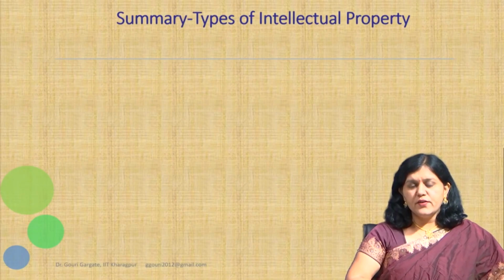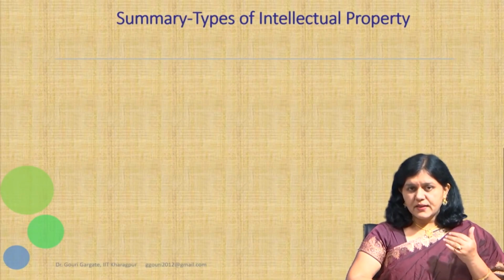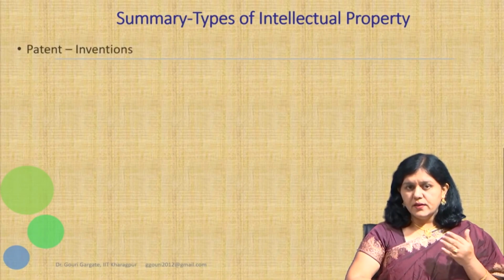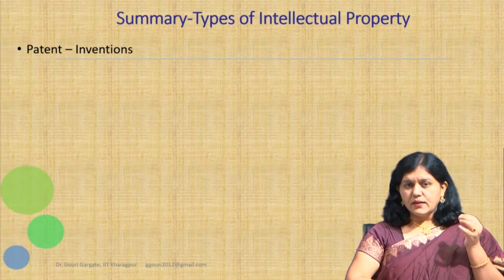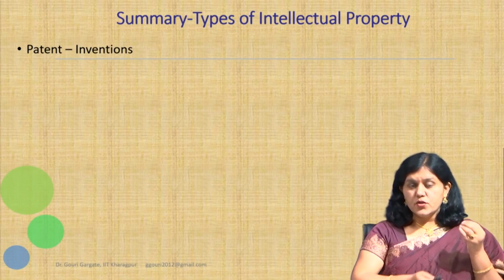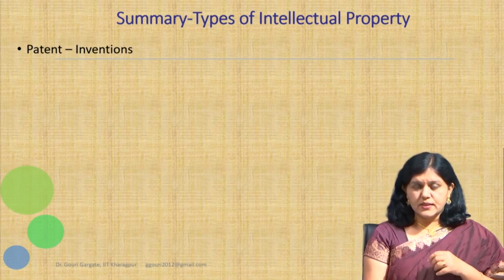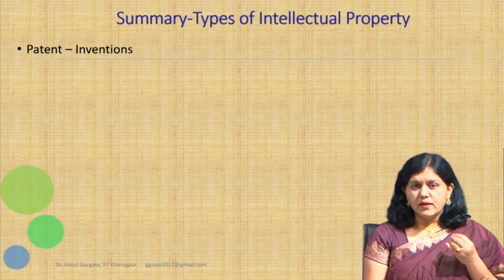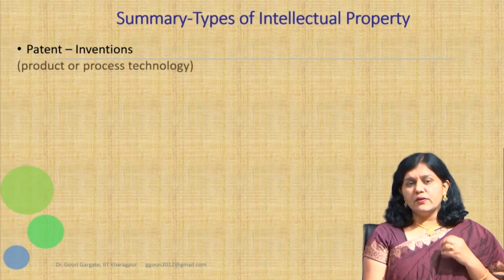Now moving further, if you see these types, whatever the types of IP are there, you just see them in one word or a few characteristics related to that particular IP. So which are these characteristics? You just check this. When we talk about a patent, a patent is something related to invention.